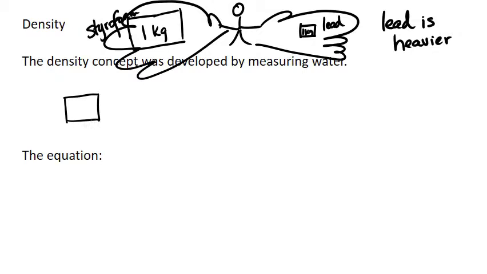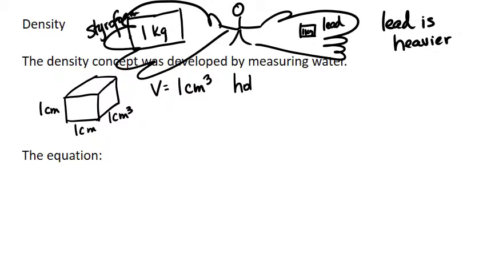Strangely enough, if we have a cube that is exactly 1 centimeter on every side, so that its volume is 1 cubic centimeter, that cube will hold exactly 1 milliliter of water.